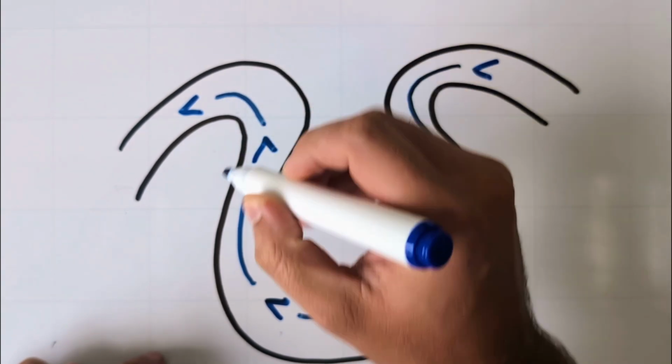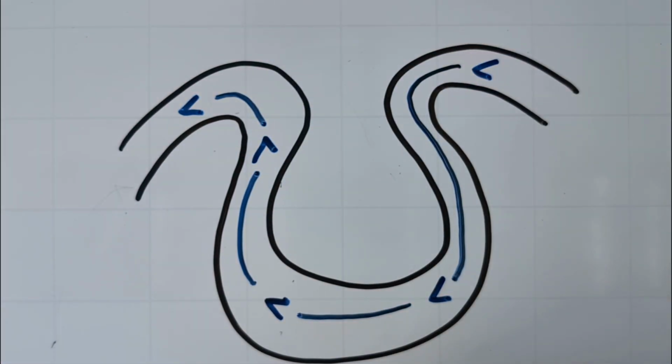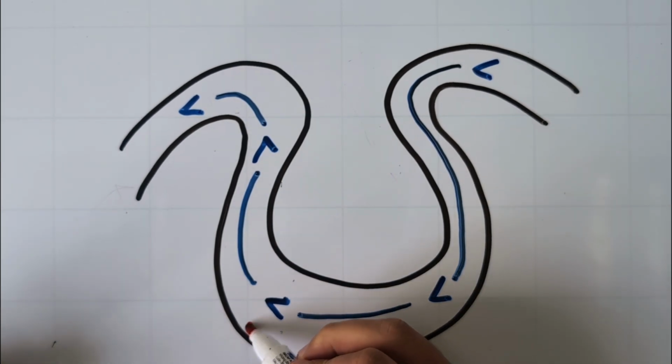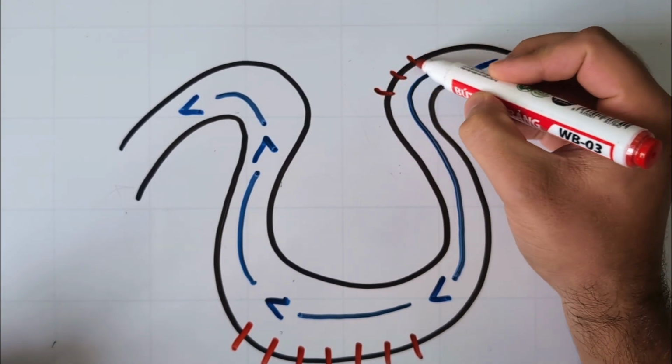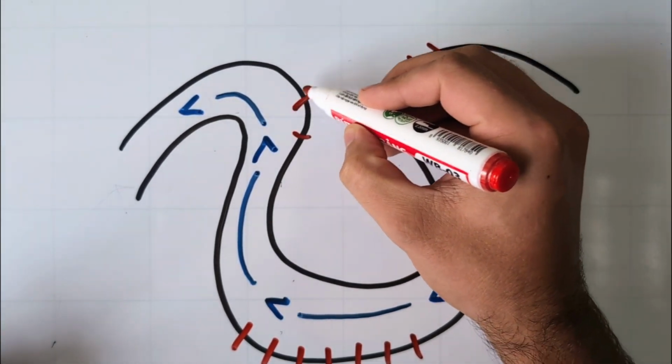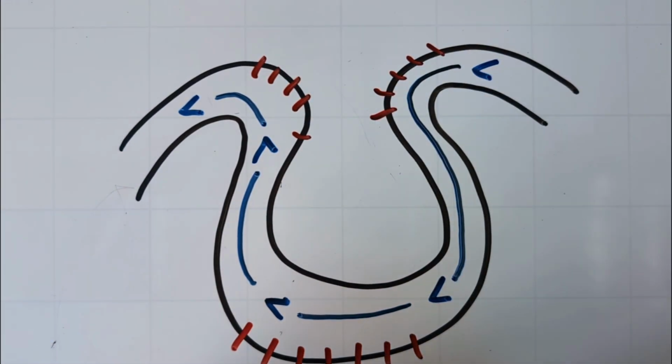Now, this is how small bends develop and get larger: through erosion. Erosion is taking place on the outer banks, okay? So erosion is taking place here, here, here in this diagram, okay?